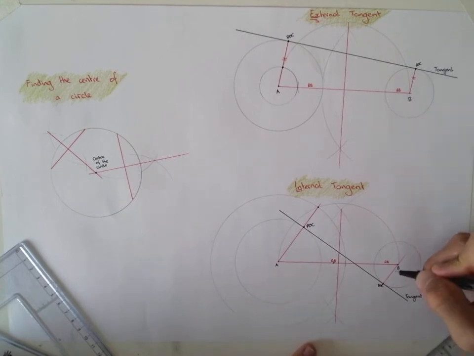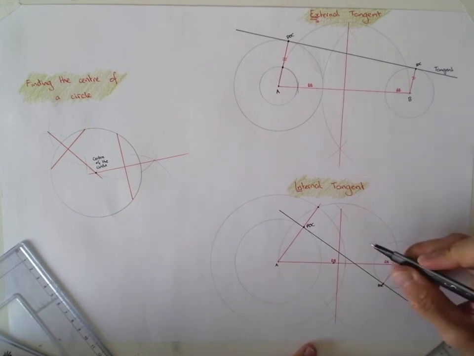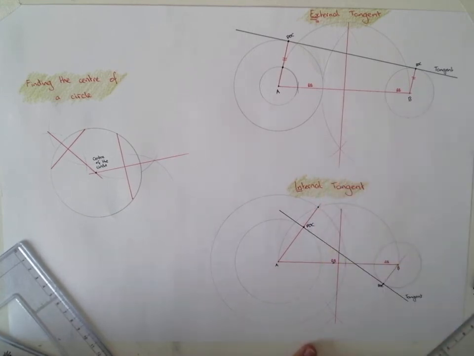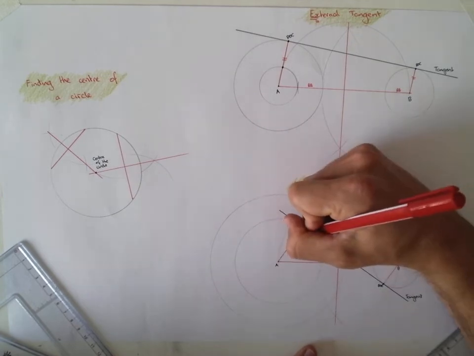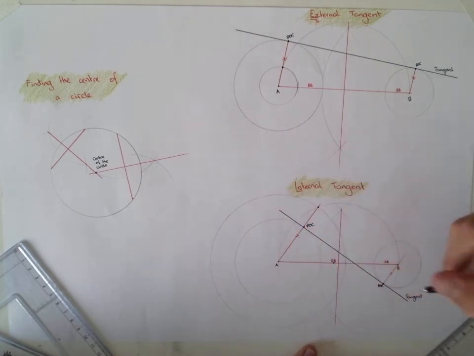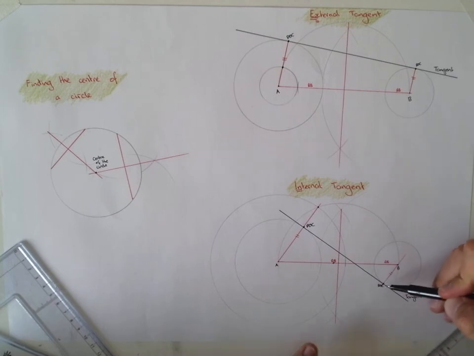Okay, and similarly down here, we're just going parallel. So that's parallel, that's your train tracks, and that helps us find our point of contact on our smaller circle.